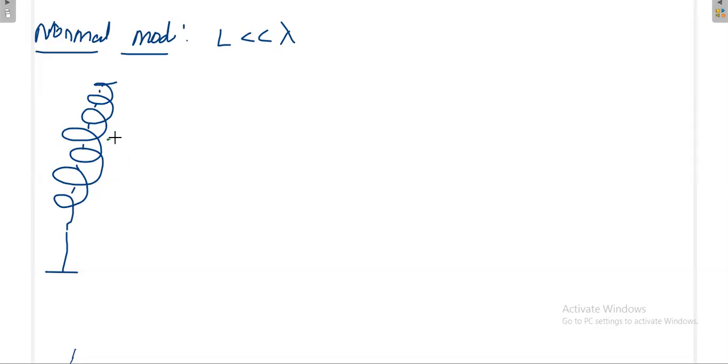If your radiation pattern goes like this, then it is perpendicular to the axis of the helix. It is also true that there will be a radiation pattern like this, another towards your eyes, and another going inside the screen.